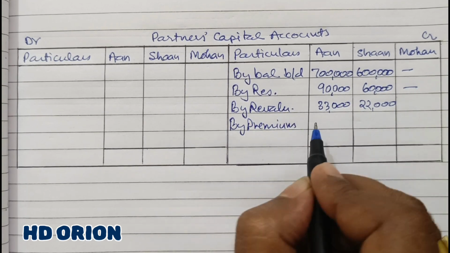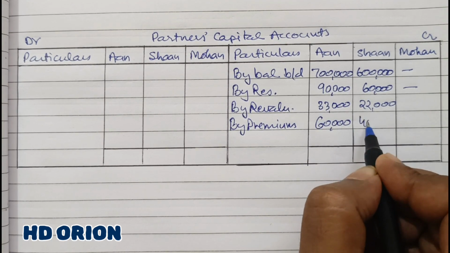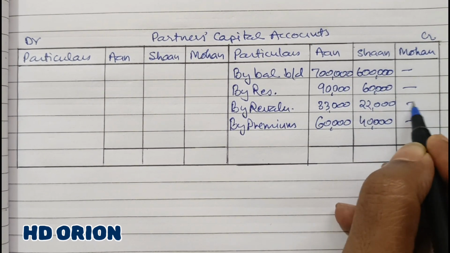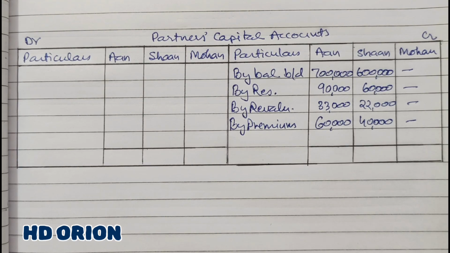Premium for goodwill brought, rupees 1 lakh, will be given to the partners in their sacrificing ratio, which is the old ratio here. In this question, the old ratio is our sacrificing ratio because a new ratio or a special sacrificing ratio is not suggested in the question.